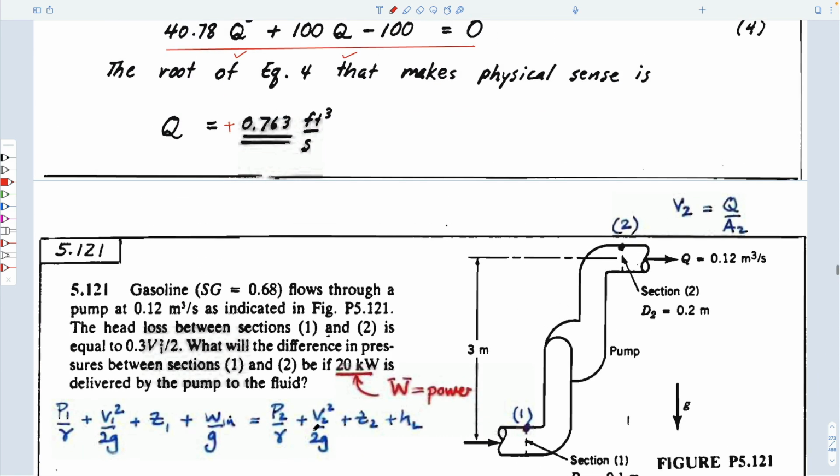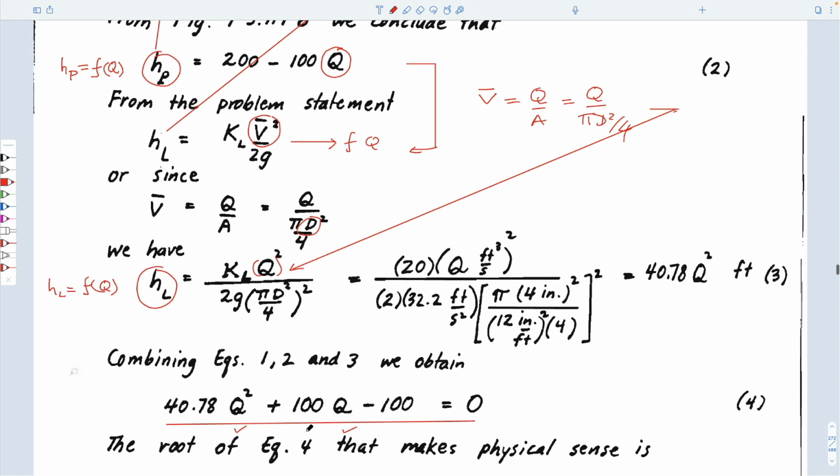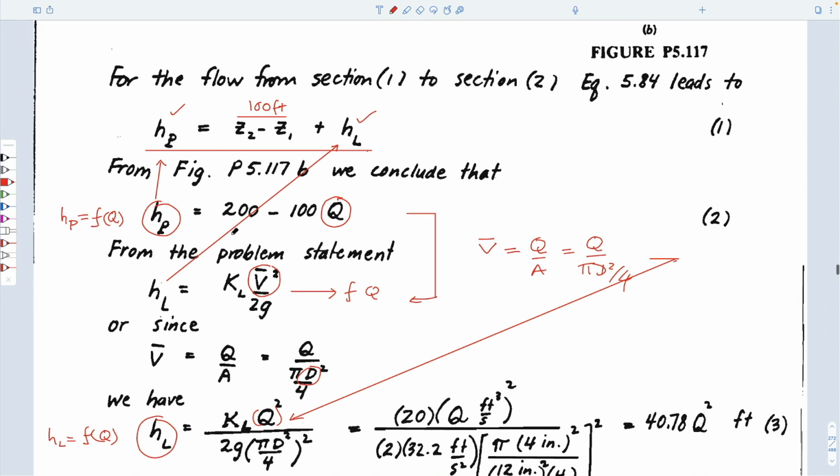Yeah. So why did we put Q when we would like to solve for HP and it was 200 minus 100 times Q? I'm confused where the Q comes from. This one? Yeah. This comes just by multiplying out this, so 2 minus Q times 100 is equal to, it's just been multiplied out. I presume, right? Yeah, I think that's what it is. It's just multiplying that head equation out so that you have that separately.